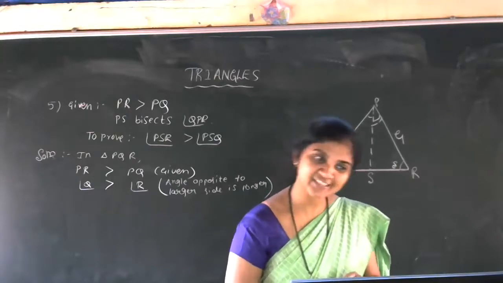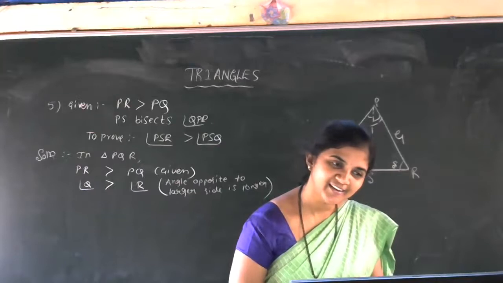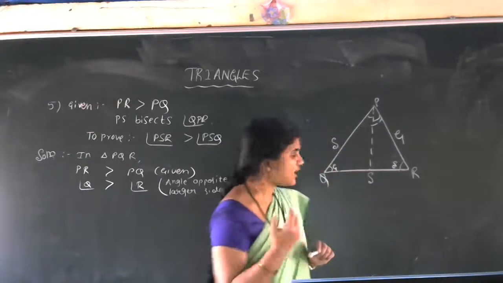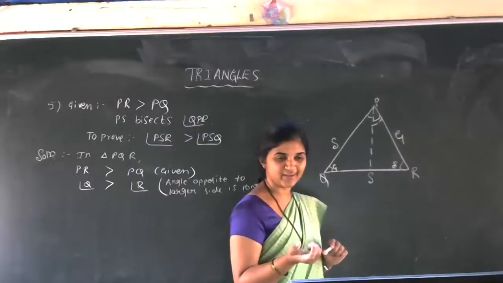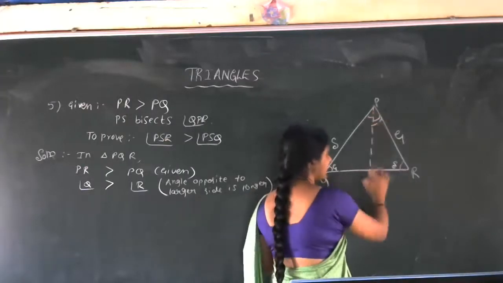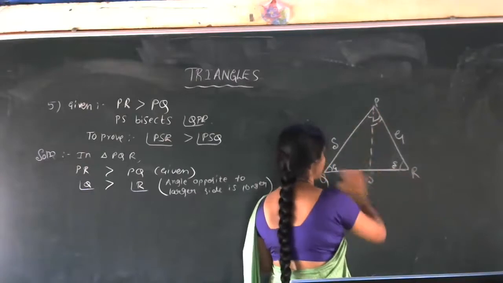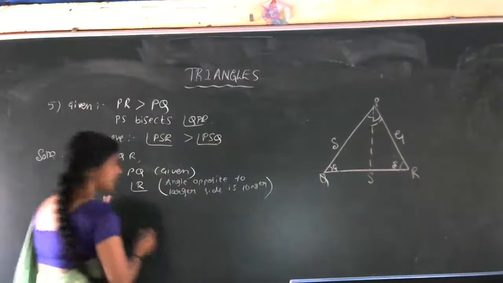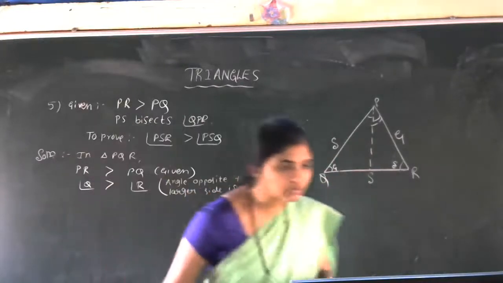Can we use the exterior angle of a triangle? Okay, you can use the angle sum property of a triangle also, or you can use the exterior angle of a triangle. We will take the exterior angle concept. Now PSR is the exterior angle of triangle PQS. So can we take that concept actually? You have worked out this problem now.